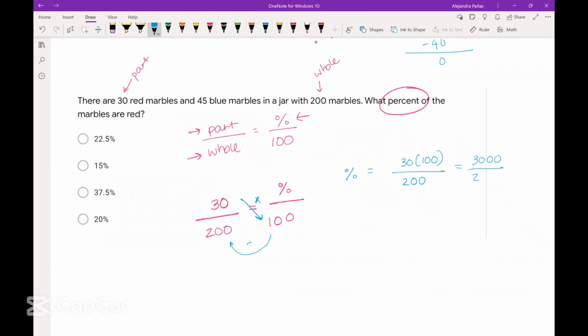Over 200. 0 goes away, 0 goes away, and you're left with 30 divided by 2, which is 15%. So 15% of the marbles inside the jar are red.